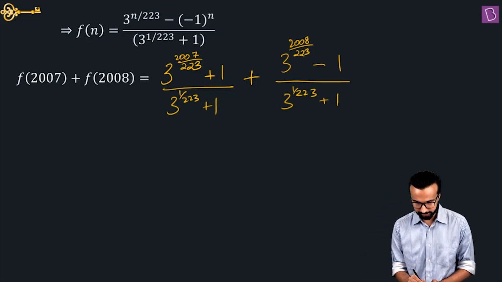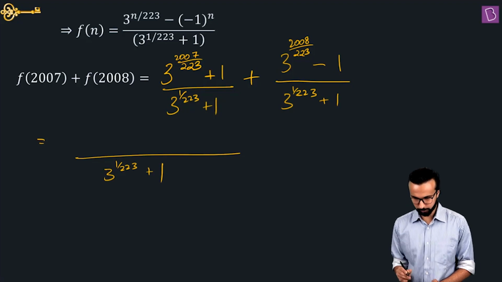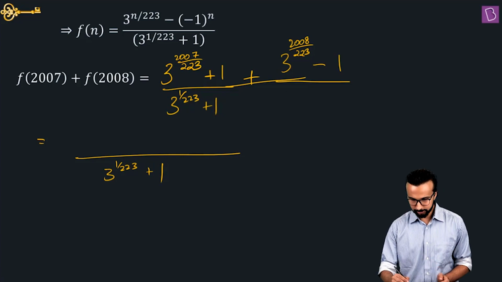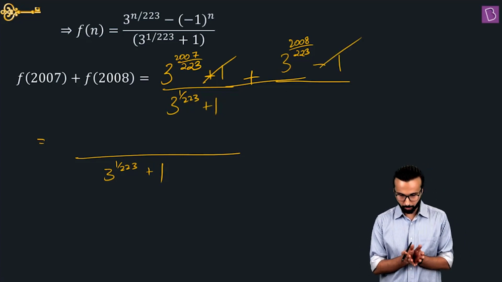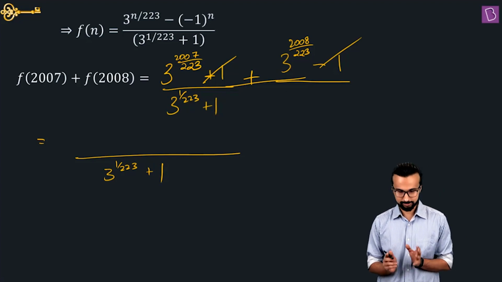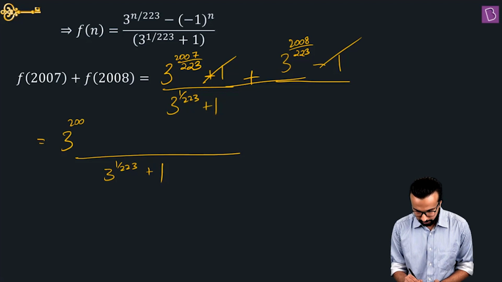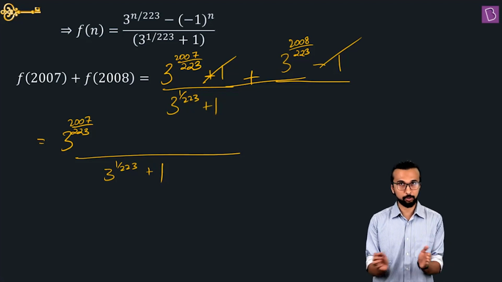So here I can notice that I can take a common denominator. Of course, that's the first thing you'll notice. 3 power 1 by 223 plus 1, which means I can simply add these terms. Alright, so here plus 1 and minus 1 cancel out as well. So in all of this, I can take some 3 power something common. Okay, so I'll take 3 power 2007 divided by 223 as the first term, which is common to both.